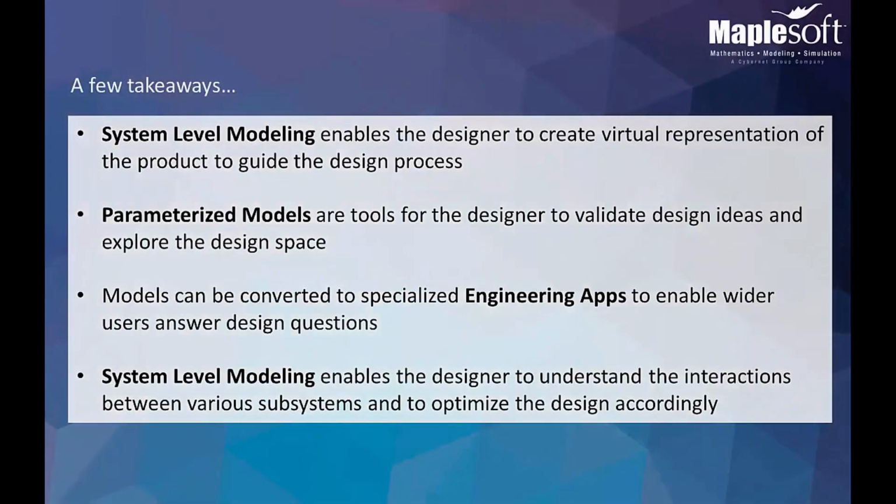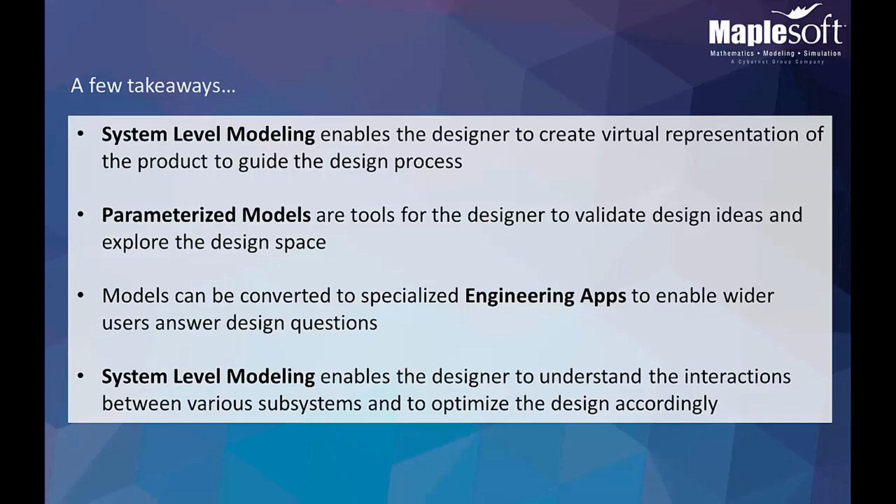A few takeaways from this quick webinar. System level modeling gives the designer the ability to have a virtual representation of the model, which guides him or her through the design process.